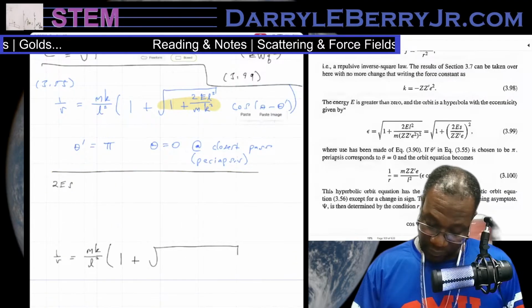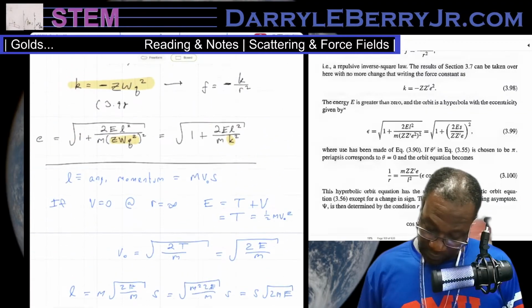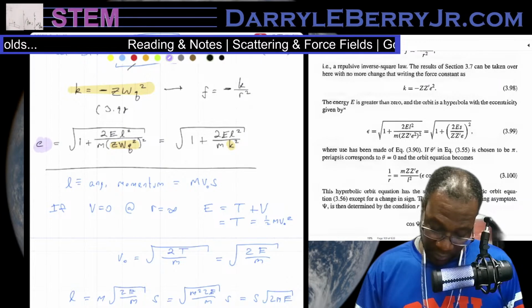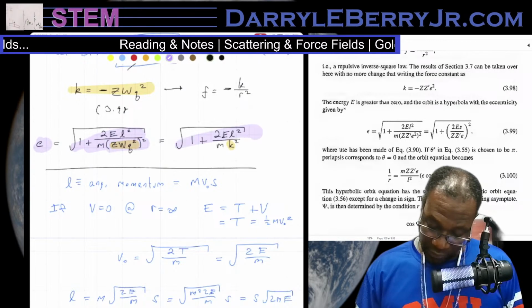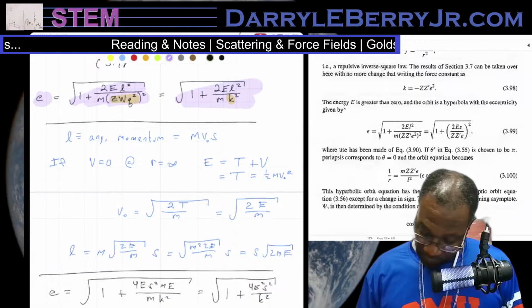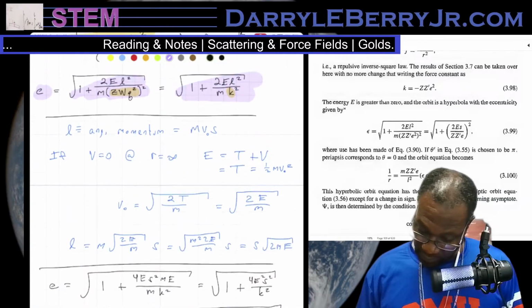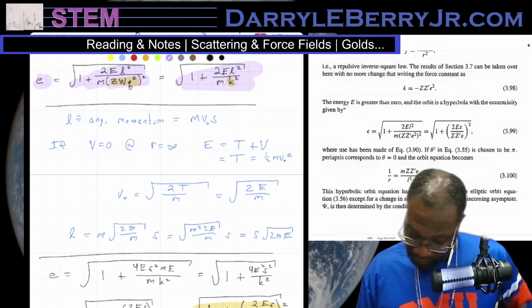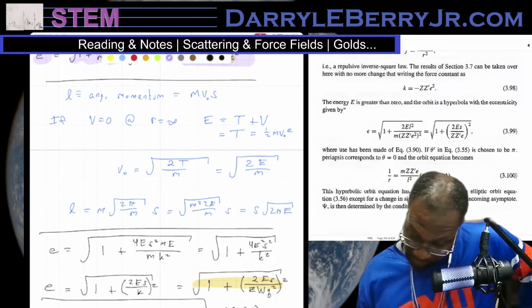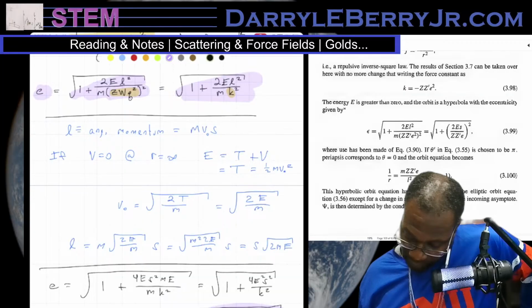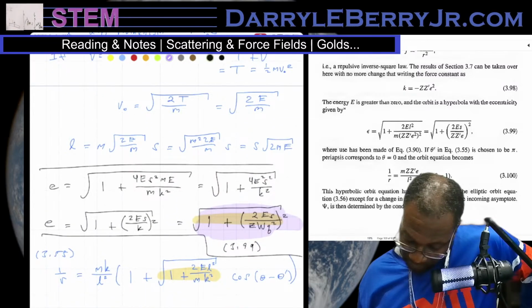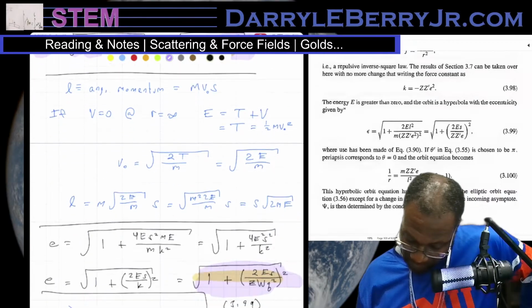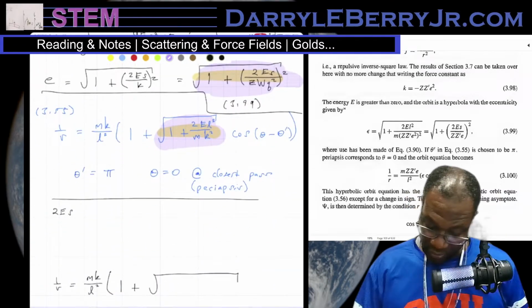I already have that epsilon equals this, which equals this, and that equal as well, and all of that is equal, and it equals this.